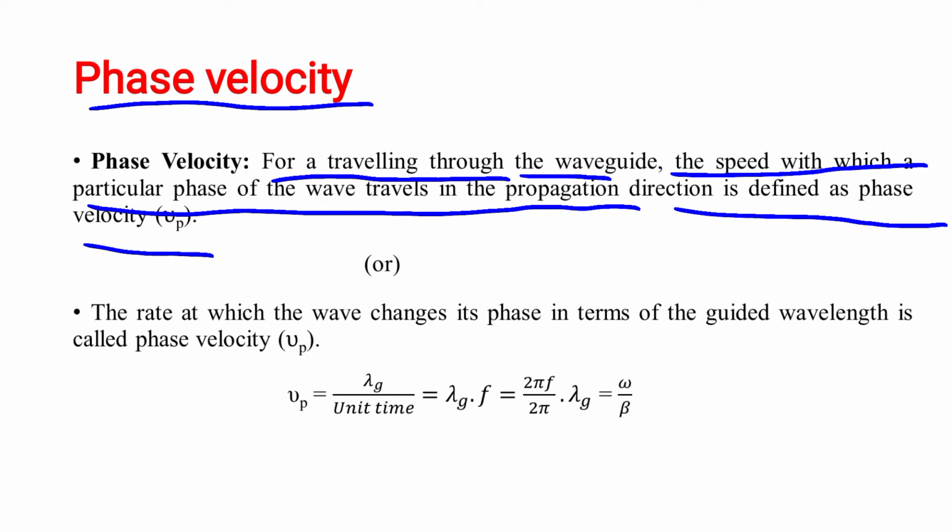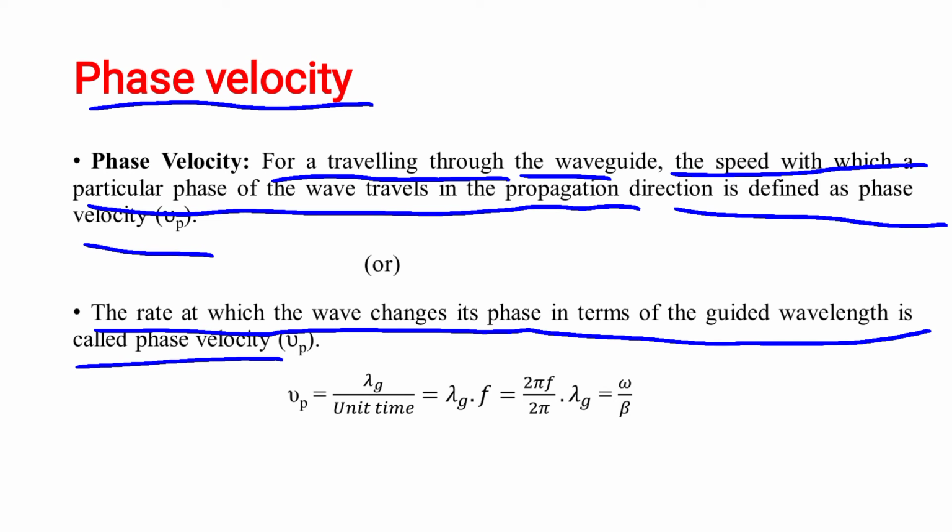In other words, we can give one more definition: the rate at which the wave changes its phase in terms of guided wavelength is known as phase velocity. We can represent the phase velocity in terms of guided wavelength also, that is the rate of change of guided wavelength with respect to time, that is Vp is equal to lambda g by unit time.